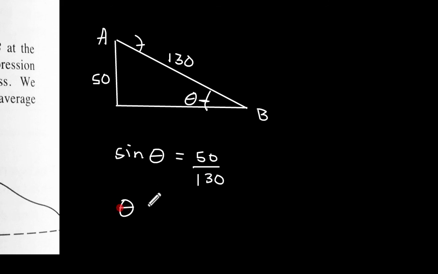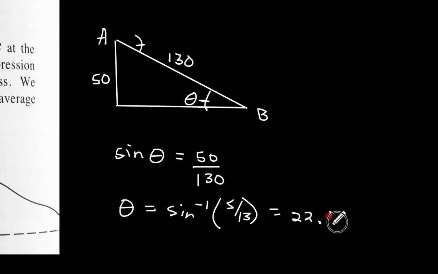Theta equals the inverse sine. You can reduce it, and I did this time because it's so simple: 5 over 13. You pop that in your calculator and you get 22.62. And that would be degrees.